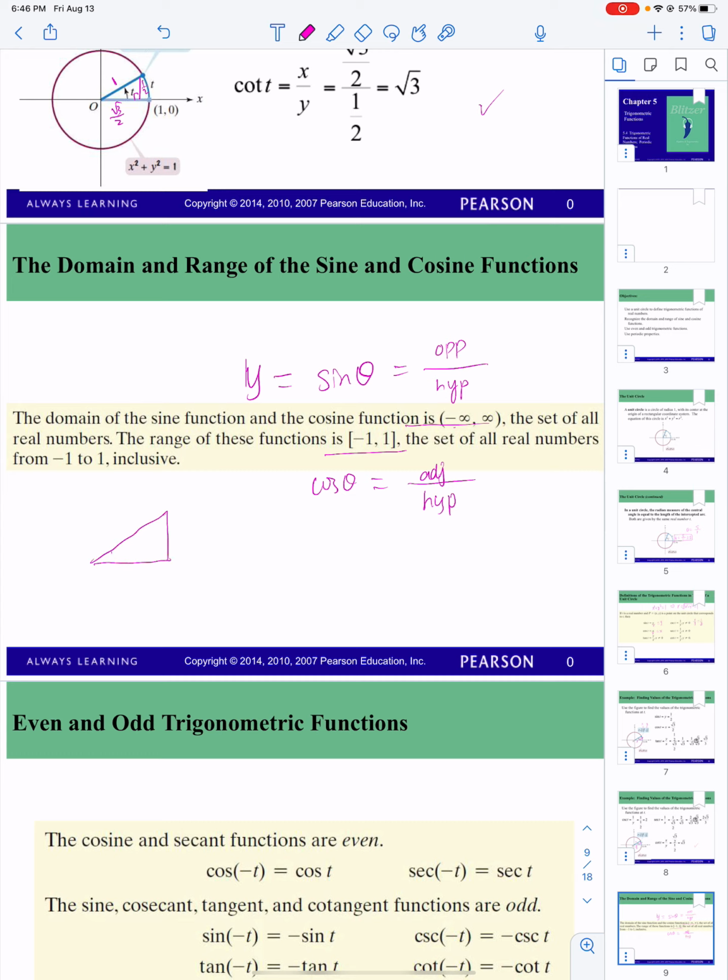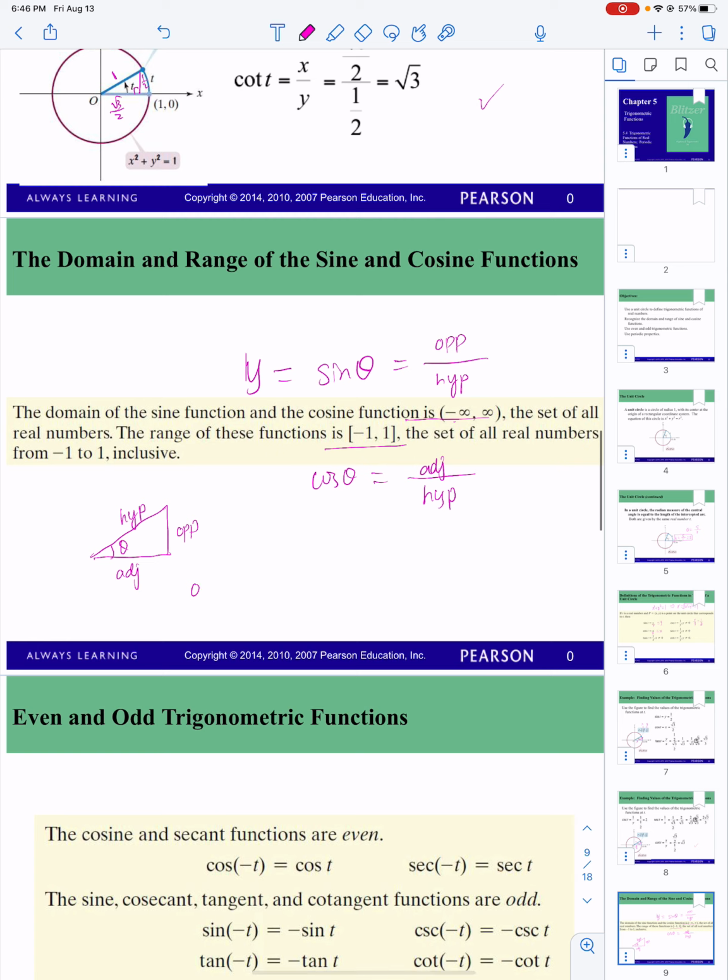It comes from here: theta, opposite and adjacent and hypotenuse. But in the right triangle, your opposite side is less than the hypotenuse. Your adjacent side is always less than the hypotenuse too. So your legs are always what? Less than the hypotenuse.